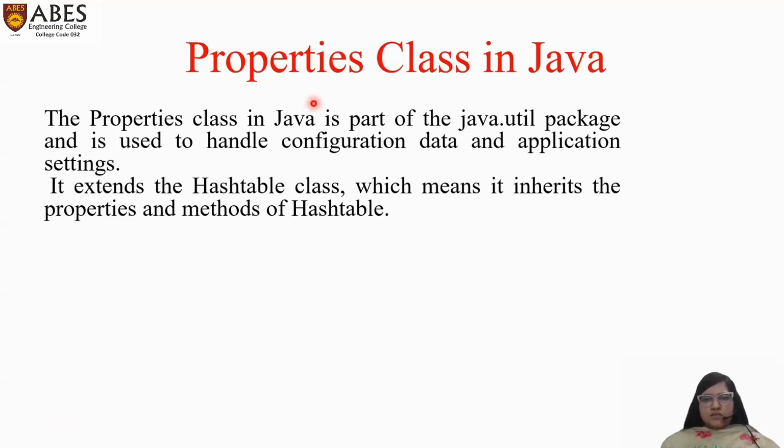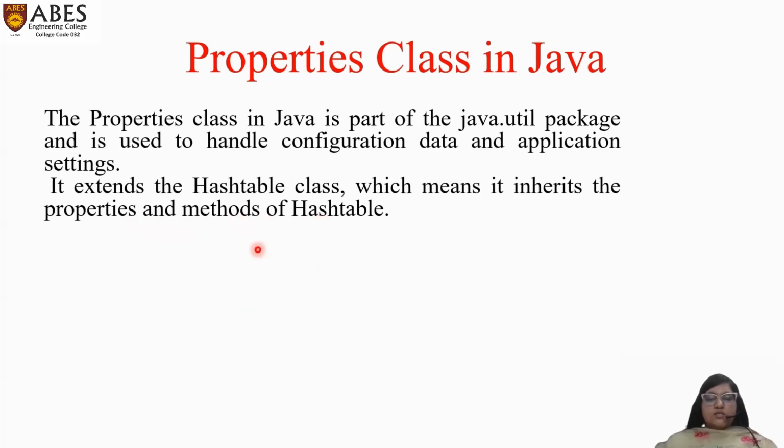Properties class in Java is a part of the java.util package and is used to handle configurations, data, and application settings in your system. It extends the Hashtable class, which means it inherits the properties and all the methods of Hashtable.